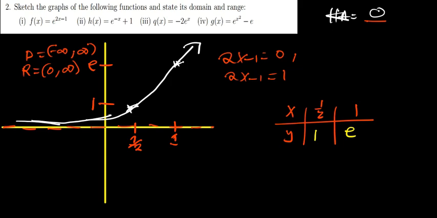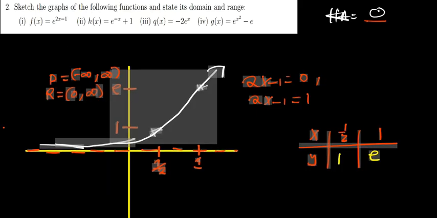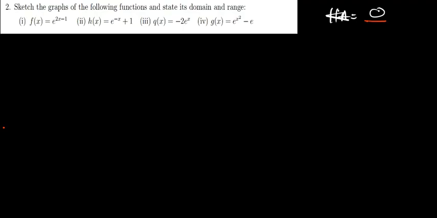Using this concept, let us go ahead and look at another question. Here I'm going to leave 2 for you. I believe you can sketch this one. Okay, let me sketch this one, then I'm going to leave this one for you. So we have e to the negative x plus 1, the horizontal asymptote in that case is 1. That's the number that is not embedded in the exponential.